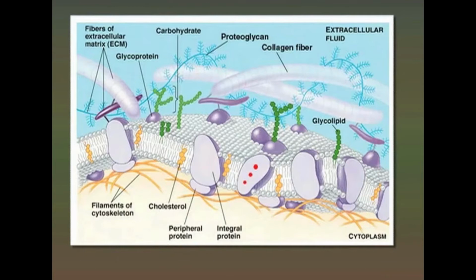So, this is the lipid bilayer of the cell, and we have extracellular fluid and we also have the cytosolic side of the cell membrane, and these are the lipid components which form the micelle on the cell membrane. So, these are the typical components of a lipid bilayer, where you have cholesterol, integral proteins, peripheral proteins, glycolipids and glycoproteins, and all of them are going to play a major role in the total transport mechanisms of the cell.